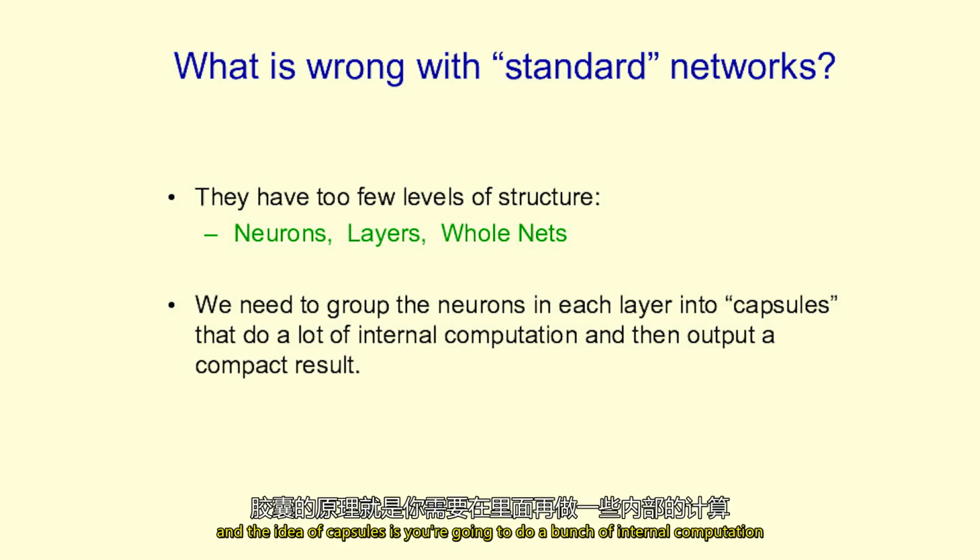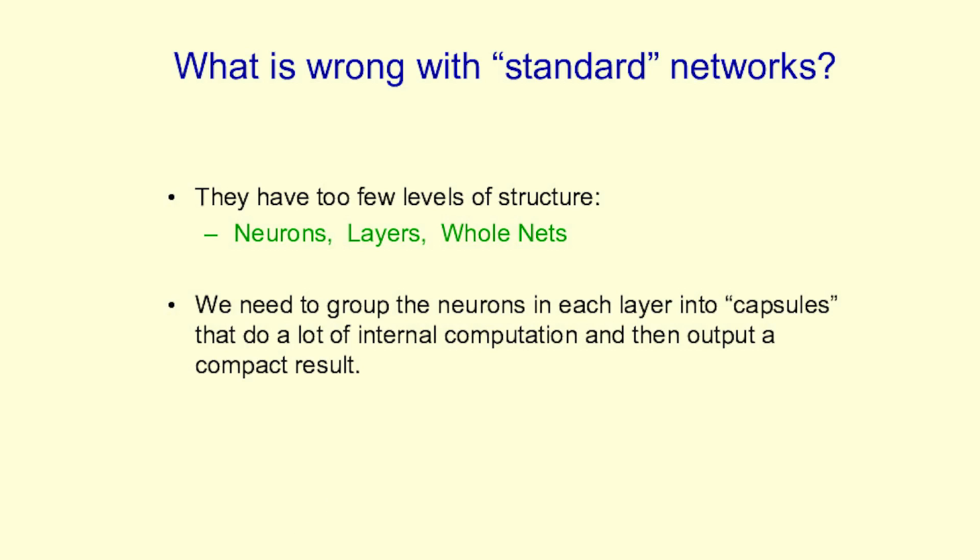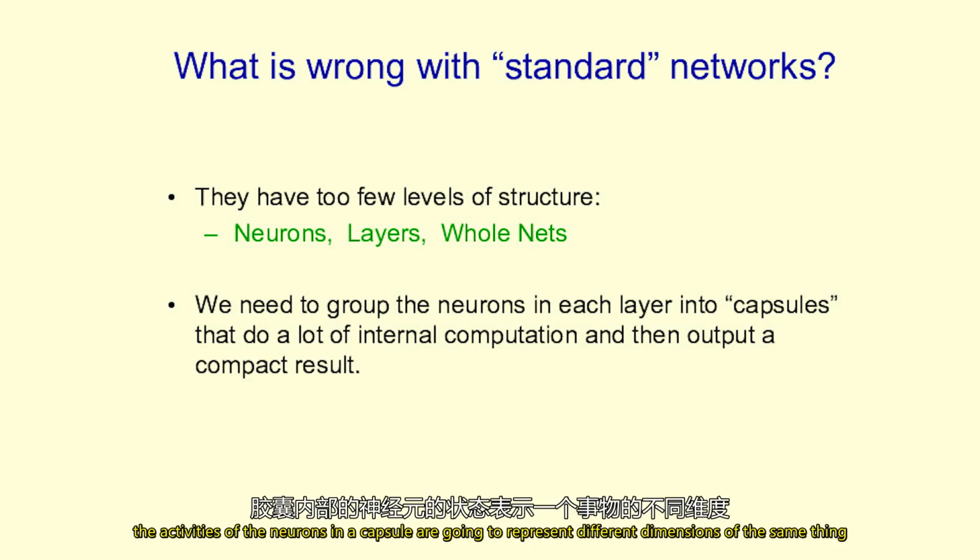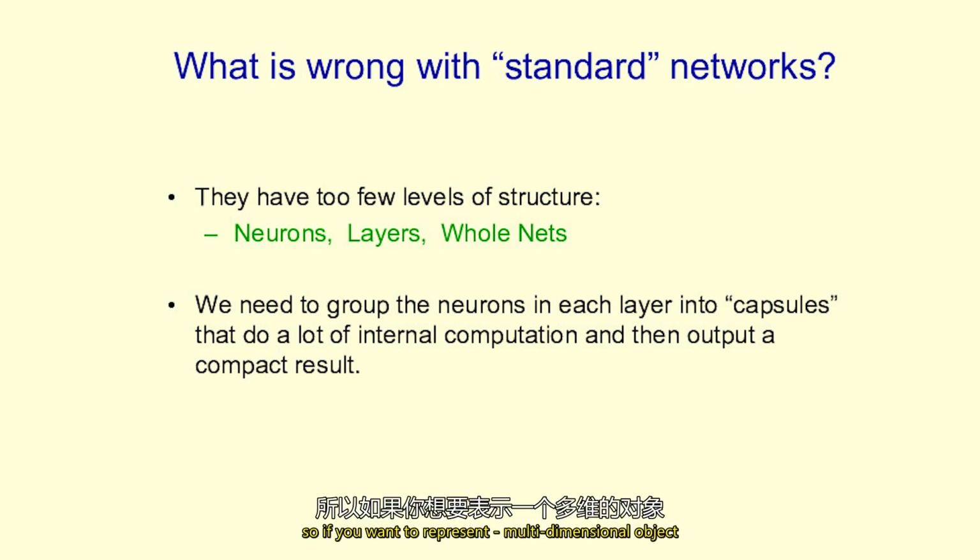The idea of capsules is you're going to do a bunch of internal computation, and the capsule is going to have some neurons in it, and the activities of the neurons in a capsule are going to represent different dimensions of the same thing. So if you want to represent a multidimensional object, you'll have a little group of neurons.